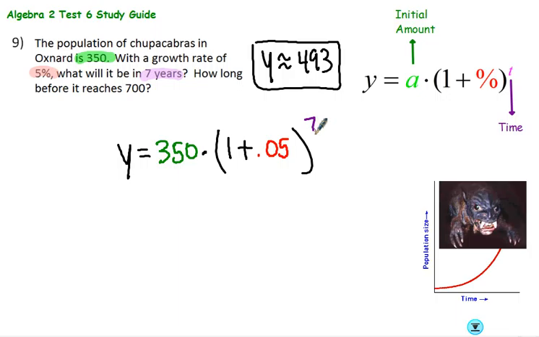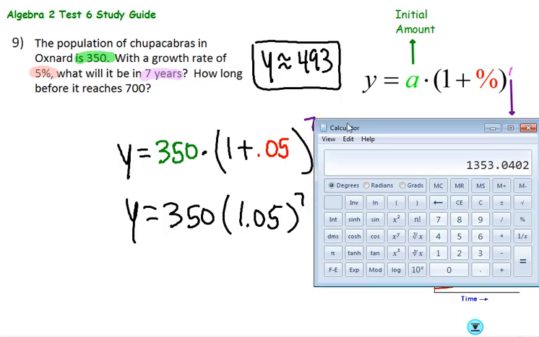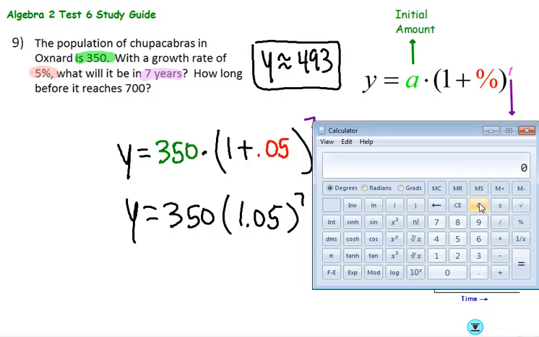And again, we can simplify that. We can say 350 times 1.05 to the 7th power. And then again, from there we would put that into the calculator. I'll use my computer calculator here. So as far as the keystrokes on that, you would do 1.05 because we're doing exponents first. 1.05 raised to, that's that x to the y key, to the 7th power equals, and then times 350.